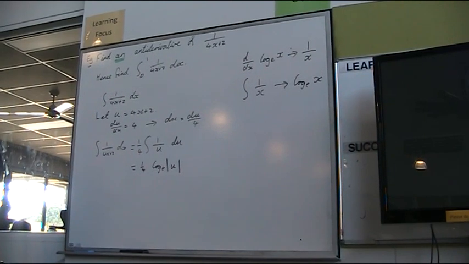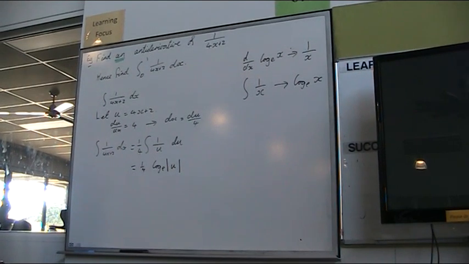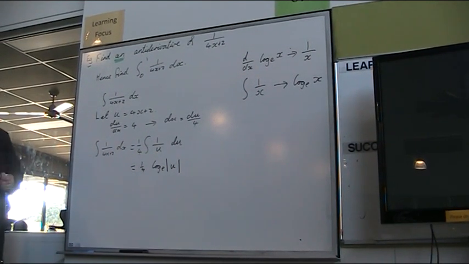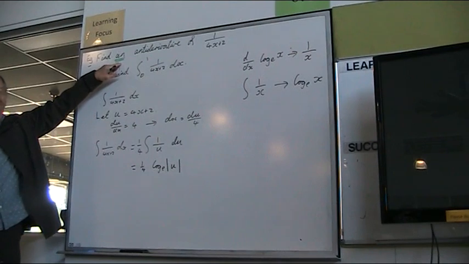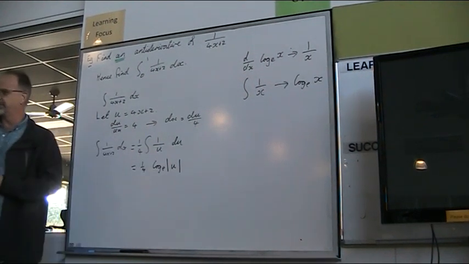Plus zero would be an antiderivative, plus 1 would be an antiderivative, and so on. But generally, when it's worded an antiderivative, you don't see any constant written there at all.